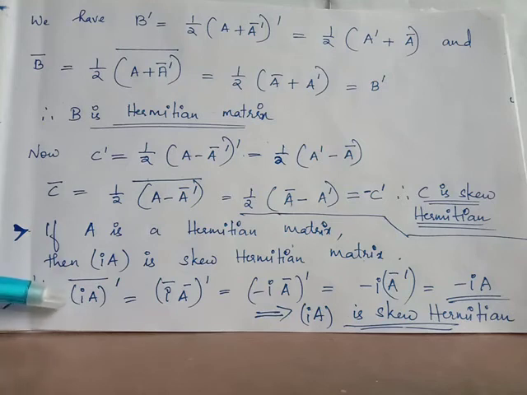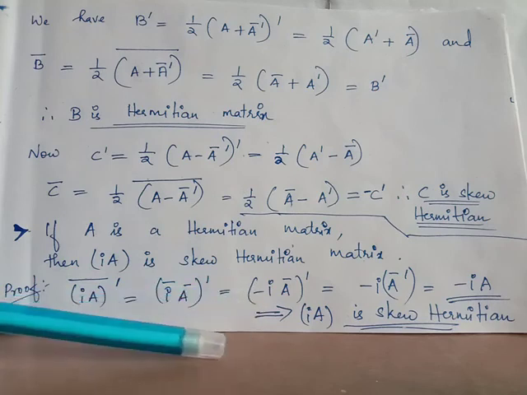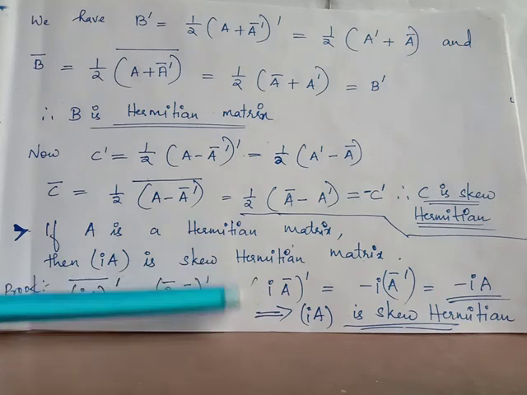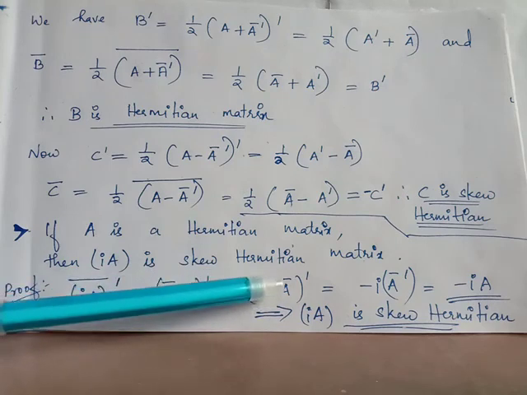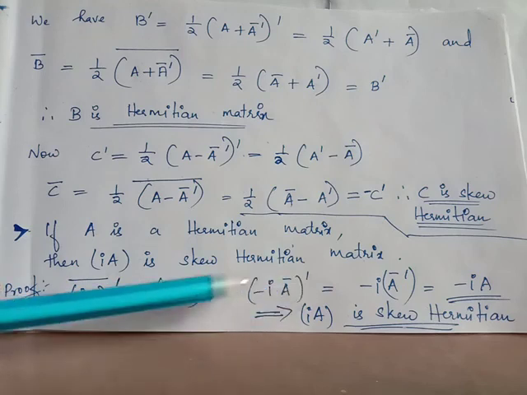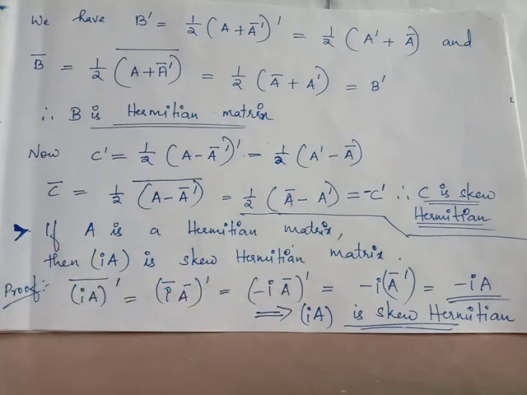When we evaluate iA conjugate transpose, you get i conjugate into A conjugate the whole transpose. i conjugate can be written as minus i, and minus i into A conjugate the whole transpose is obtained, which can be written as minus i times A conjugate transpose.